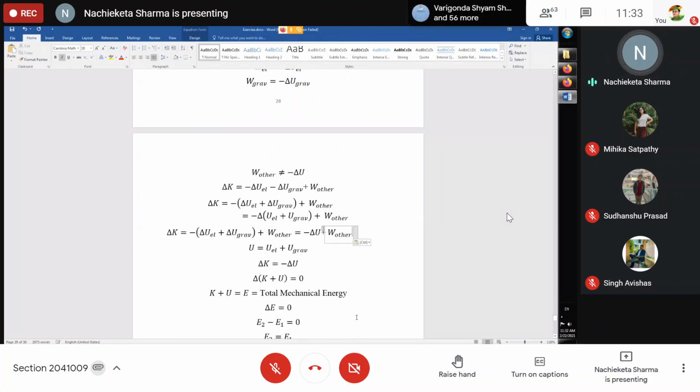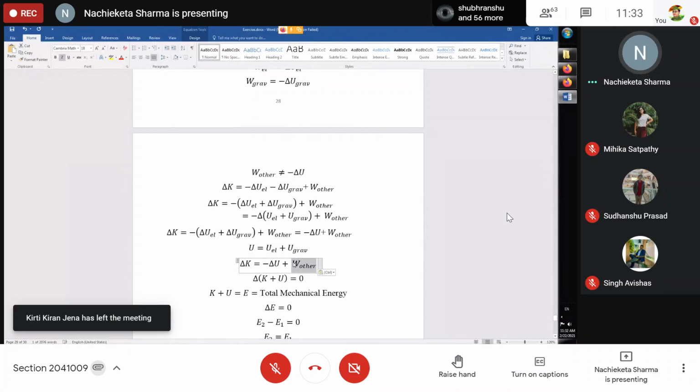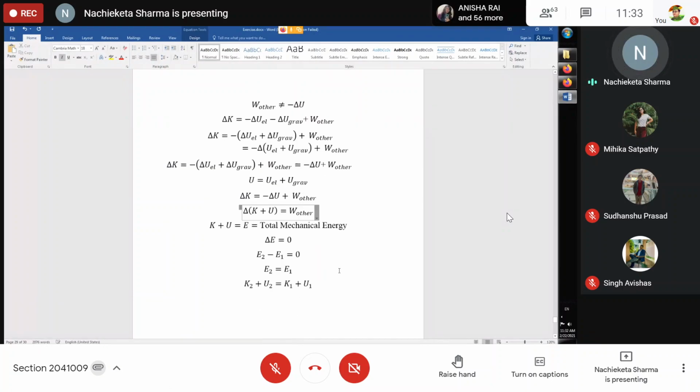Then U is equal to this one, but delta K, here also I will add W other. So here also, delta K plus delta U now is not equal to 0, but that is equal to W other. So this is what I am getting. Now delta E is equal to W other, isn't it?